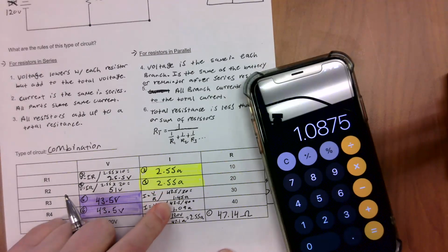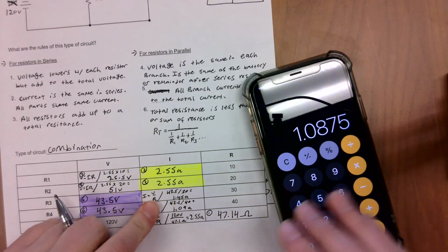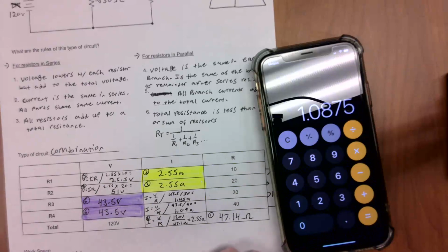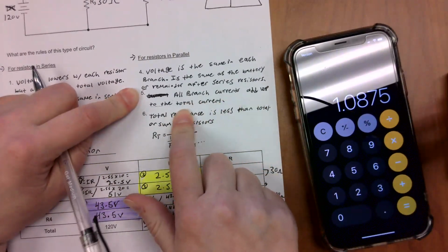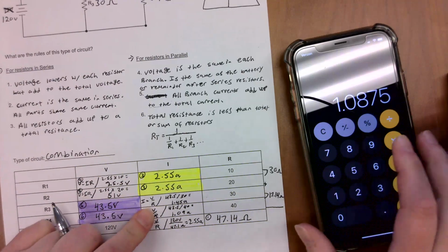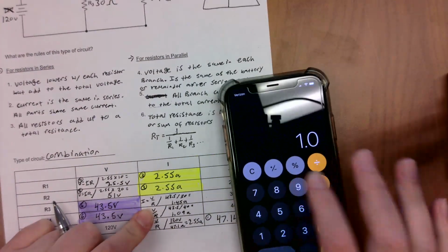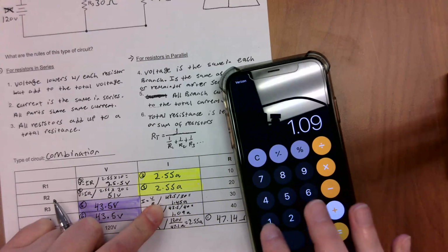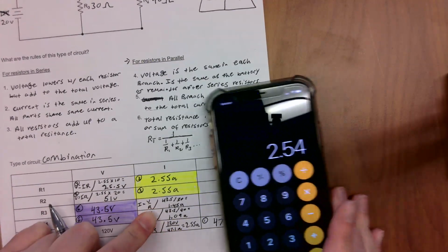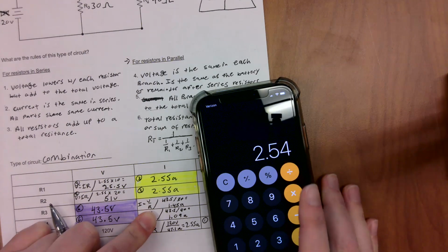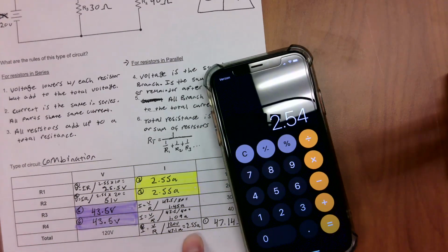Now you might be looking at those numbers and going, huh? But if we look back at our rule for current in parallel, it says all branch currents add up to the total current. If we take 1.9 and add it to 1.45, we see that the number is very close, if not exactly our total.